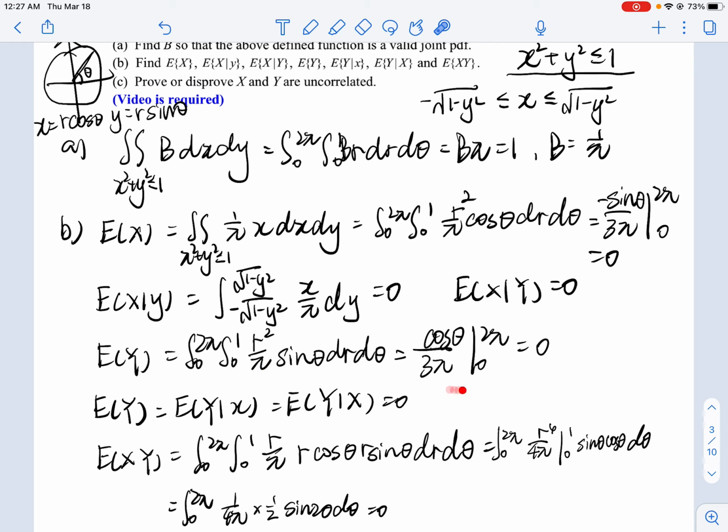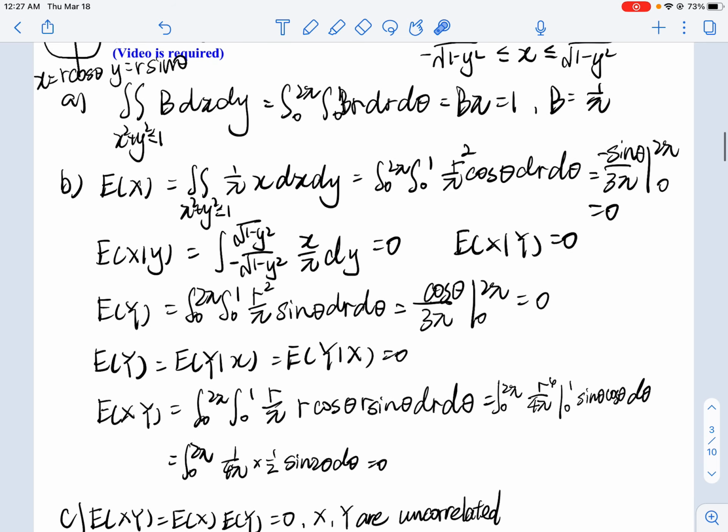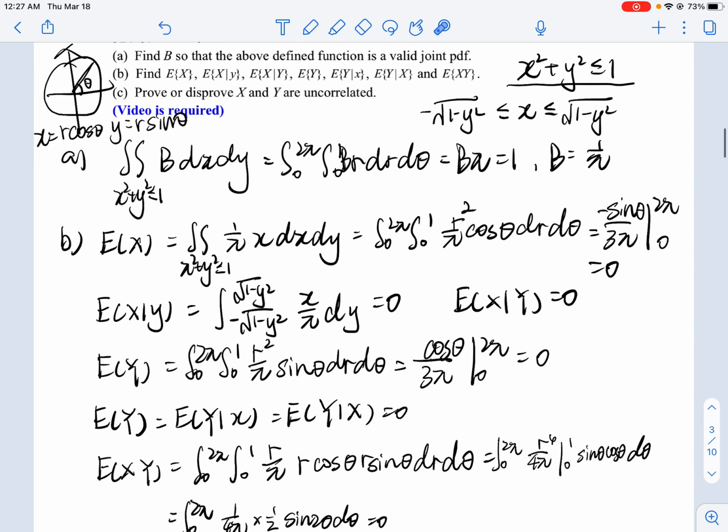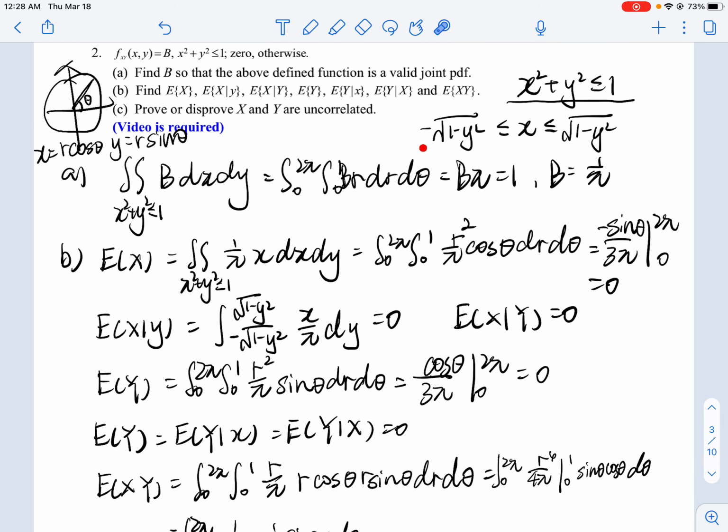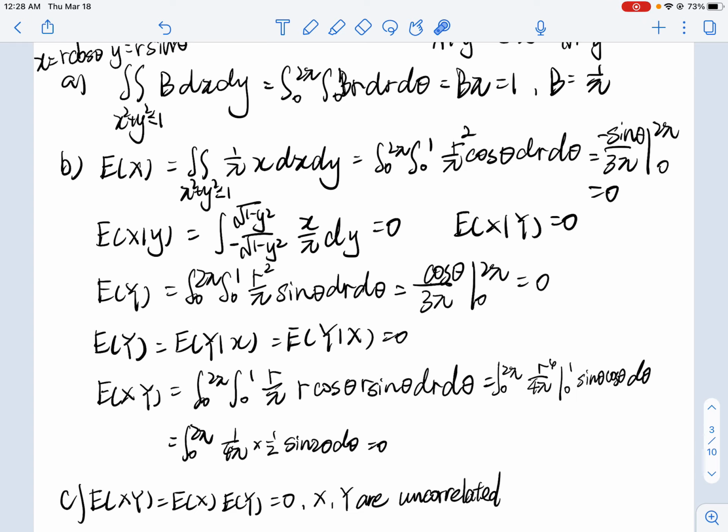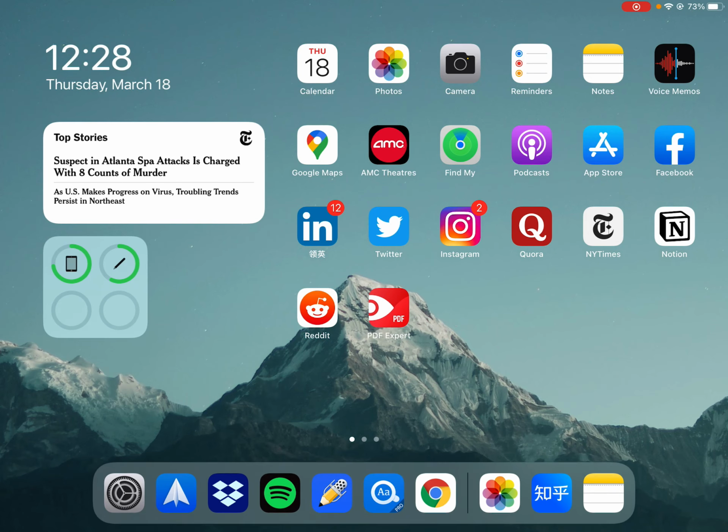So after the integration, the result is 0. And similarly, the range for y is from negative root of 1 minus x squared to positive. So it is the very same. It is the same as this.